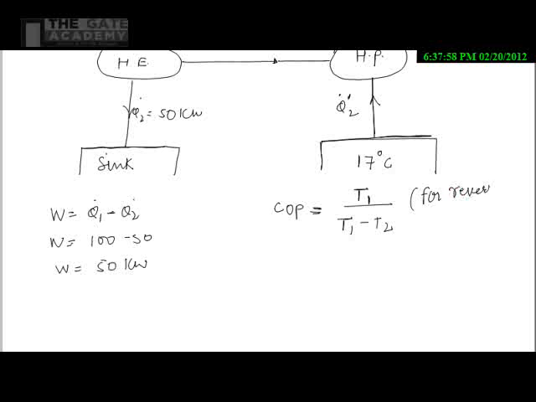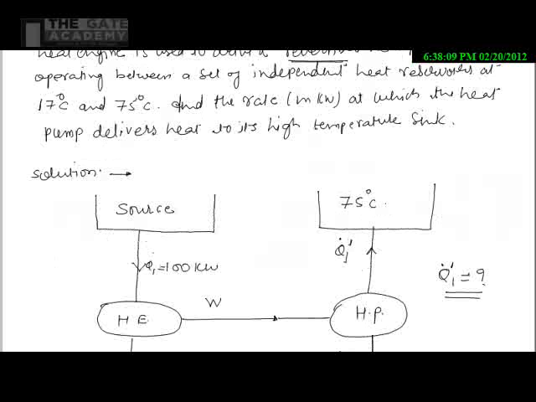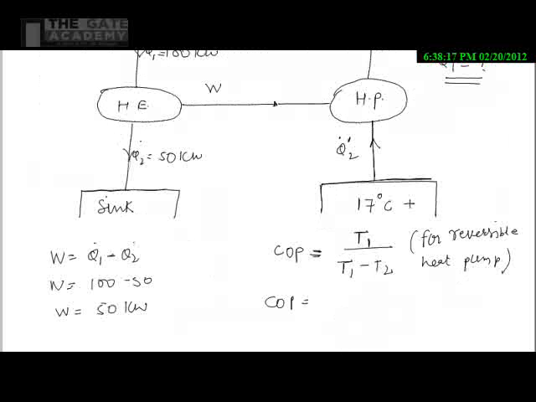Here T1 is 75; if you add 273, it will be 348 Kelvin. And for 17 degree, if you add 273, 17 plus 273, it will be 290 Kelvin.